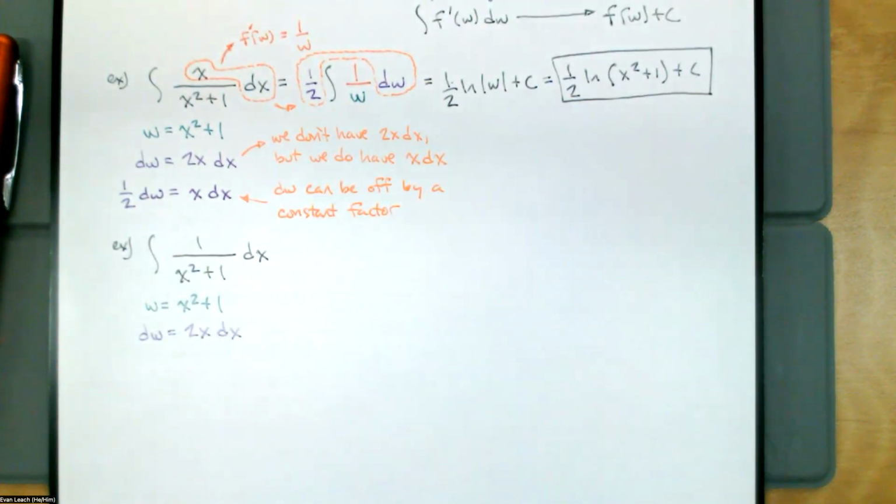Always ask not just what your w is, but what's your dw going to be. If I want w equal x squared plus 1, then I need dw to be 2x dx. The 2 doesn't matter. I can just divide by the 2 or multiply by whatever constant we want. I need that x dx. But I look at my integral and we do not have a factor of x to be the dw.